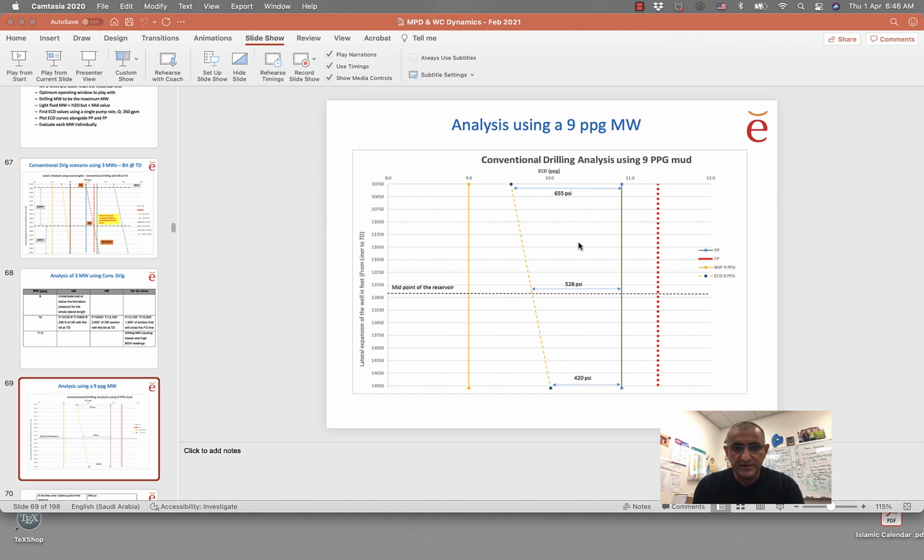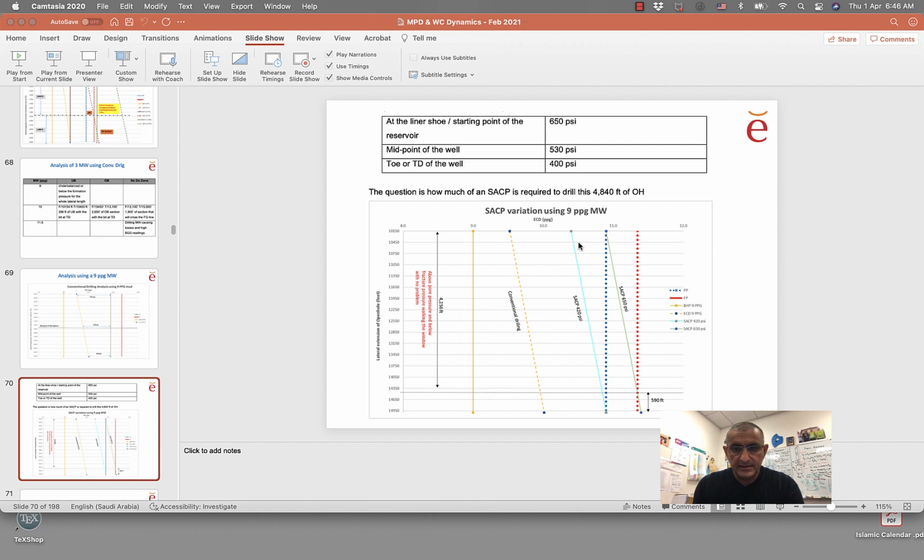So let's get back to the third diagram here. Notice this here, that if you are going to use a 9 ppg mud weight, so say for example you apply a 650 psi back pressure or surface applied choke pressure, look at this here, as you reach a depth of about, let's say, 14,440 feet, for the next 600 feet you will be cracking the well.